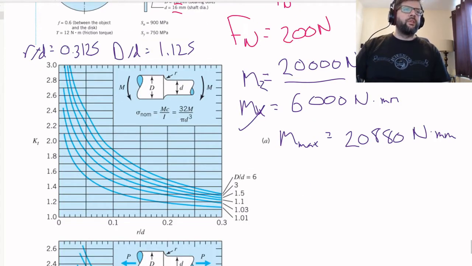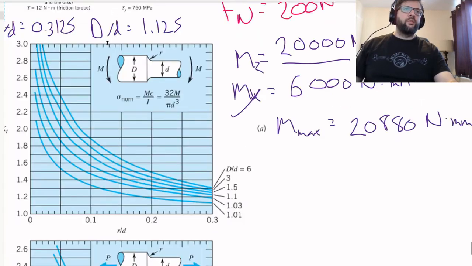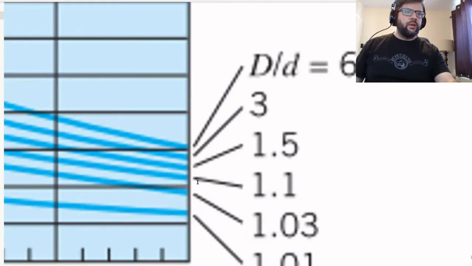So we got that bending moment, and let's see here. If we zoom in a little bit, we're looking for the D over d of 1.125. So looking in here, that places us just above this line.